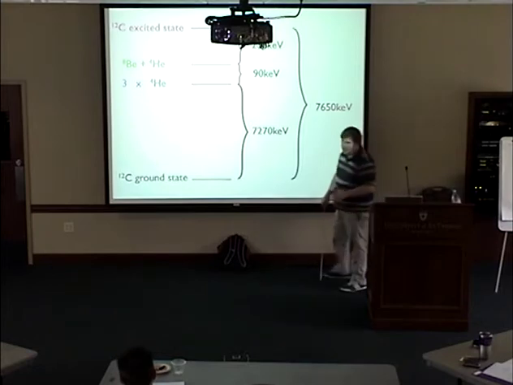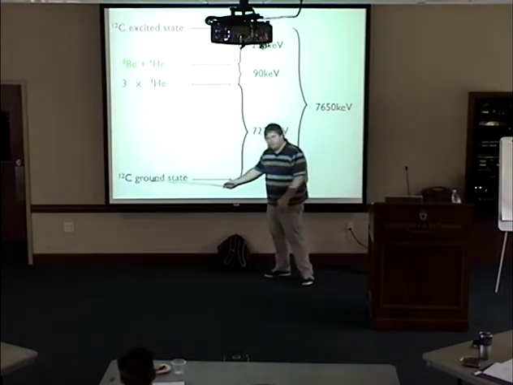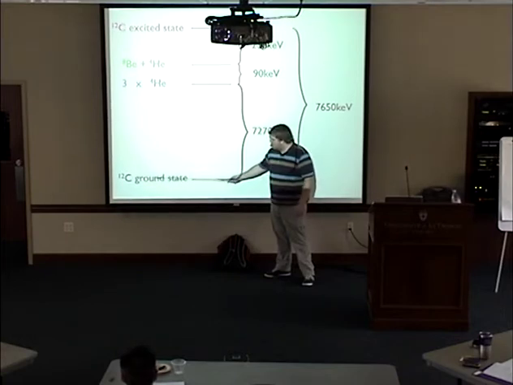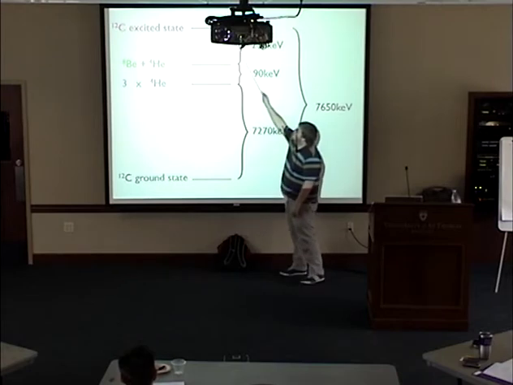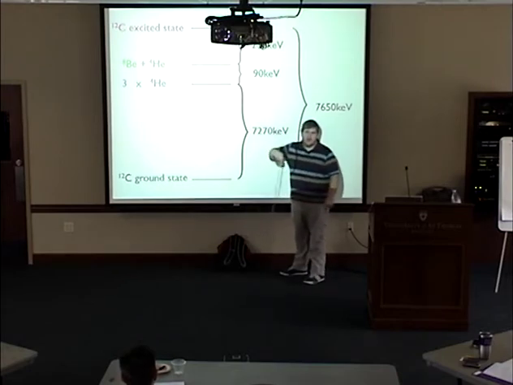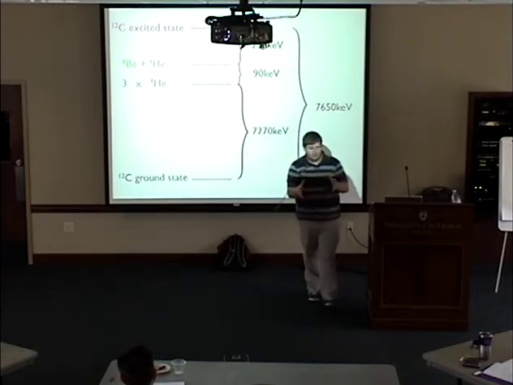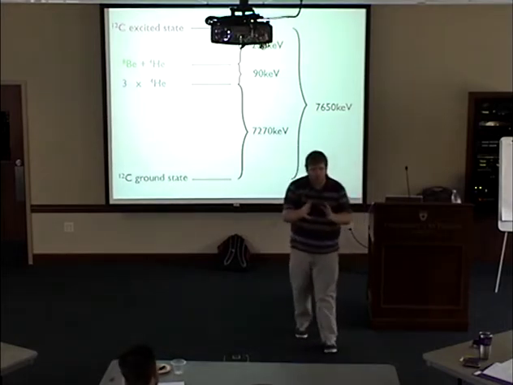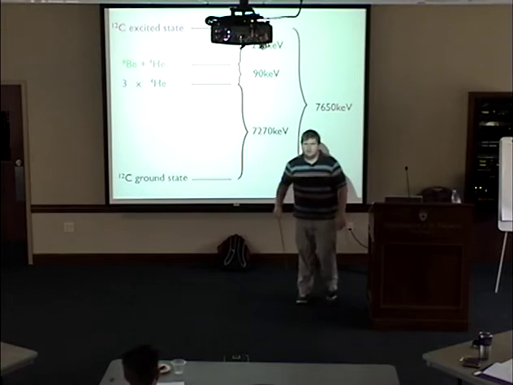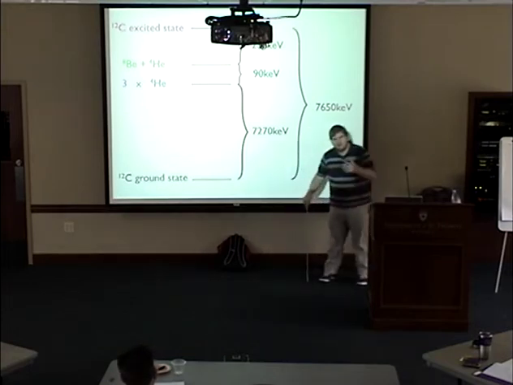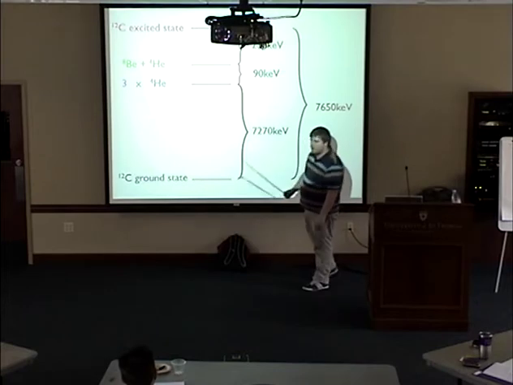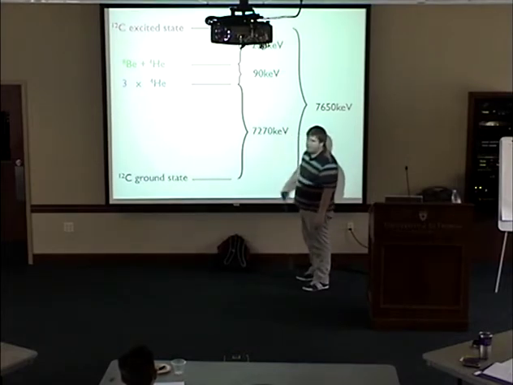Here, if you just have a carbon nucleus in its ground state, the lowest energy state it can have, that is this energy level. There is also an excited state of carbon. So think about all those neutrons and protons together, and if they all jumble around in a certain way, there's an excited state where they're all moving a bit faster than usual. But because this is a quantum system, there's not much in between.